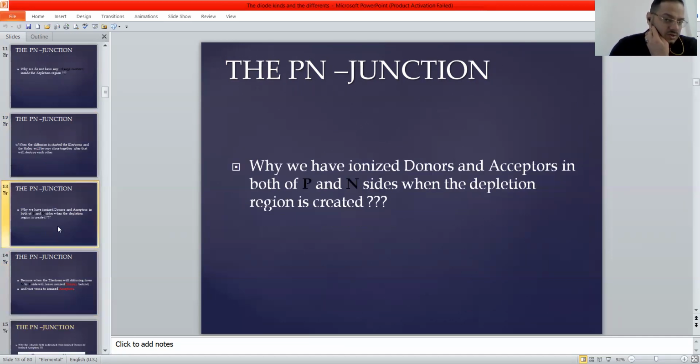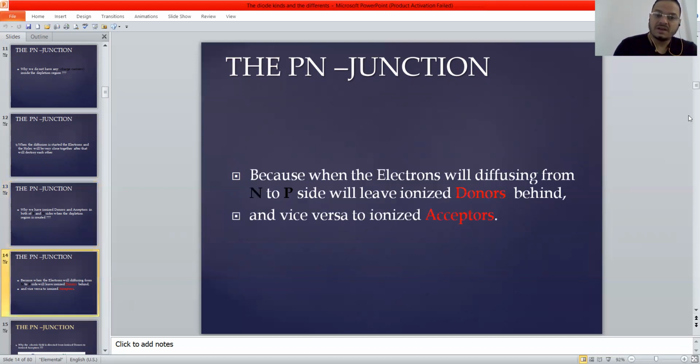Now, let's focus on another question. Why do we have ionized donors and acceptors, like I said before, on both the p and n sides when the depletion region is created? Actually, because when the electrons diffuse from n to p, they will leave ionized donors behind.